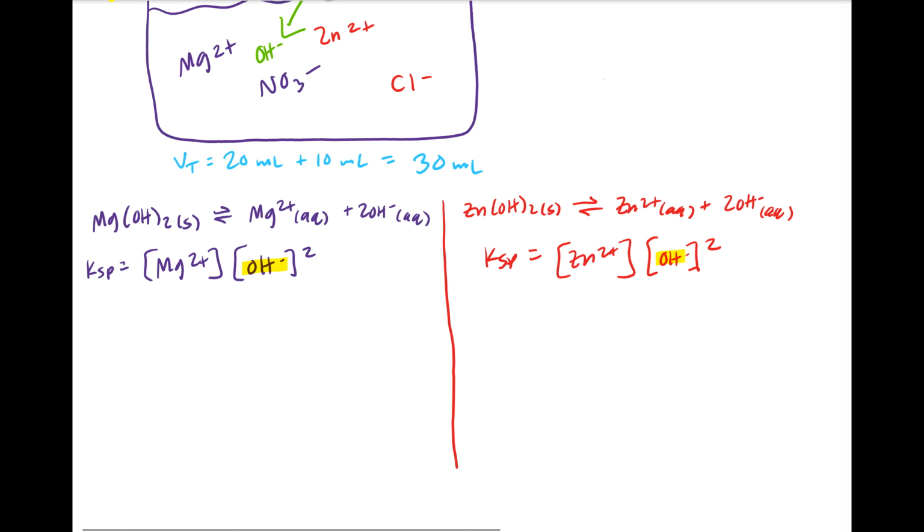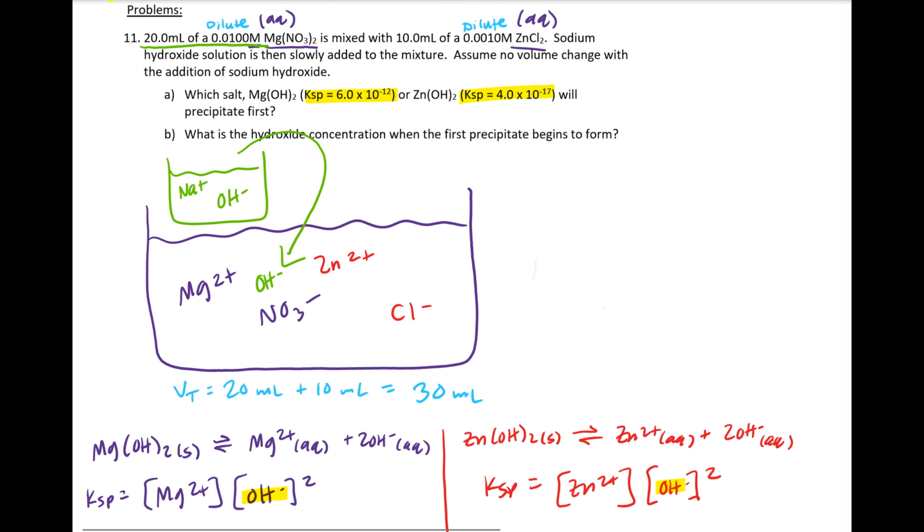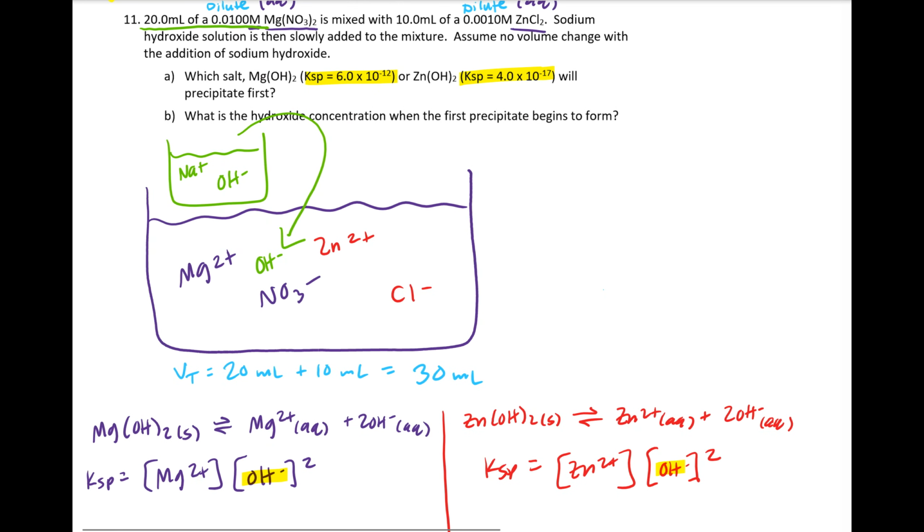We want to solve for the equilibrium hydroxide concentration for the magnesium hydroxide and then repeat for the zinc hydroxide. The KSP number was given to me for both of these, so that's just a straight plug and chug. We're solving for the hydroxide, so we're going to leave that as our unknown.